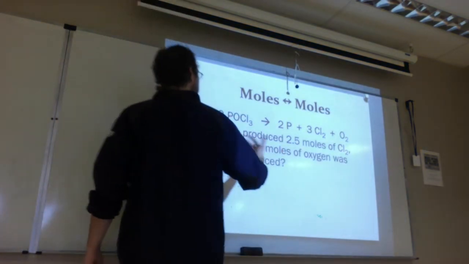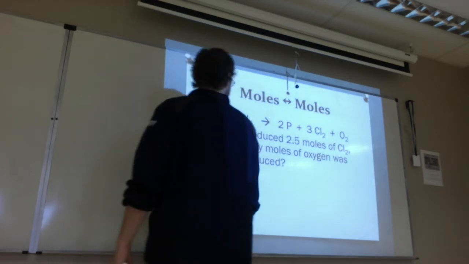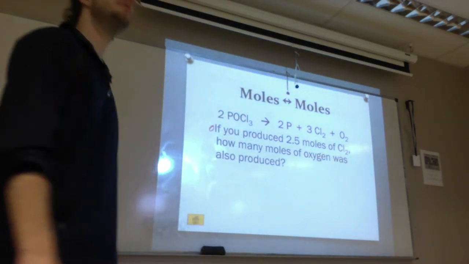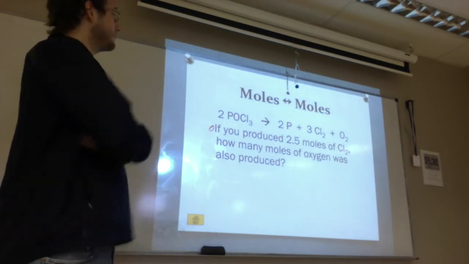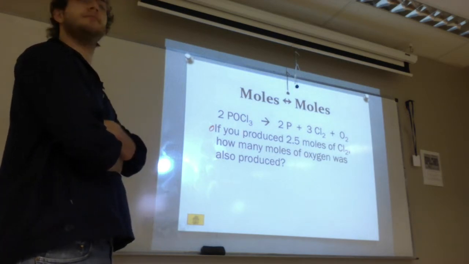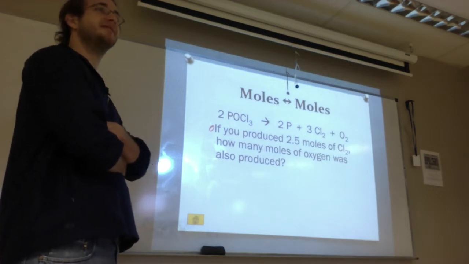If you are able to produce 2.5 moles of poisonous chlorine gas, how many moles of oxygen would you also produce? Life-saving oxygen.